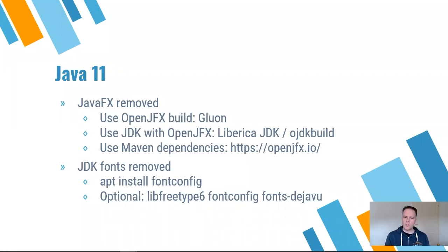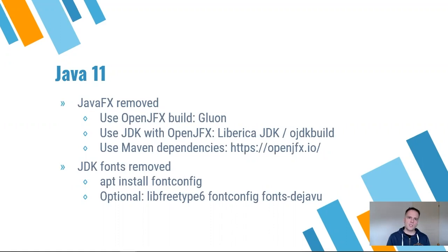Then we go and see what's changed in the different versions of Java. So if we look at Java 11, we see that JavaFX, which is used for the front end, has been removed. As a replacement, we can use the OpenJFX build provided by Gluon. Another way is to use a JDK build which actually still includes support for OpenJFX.